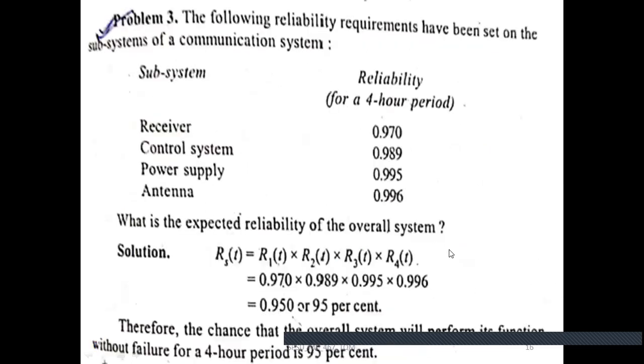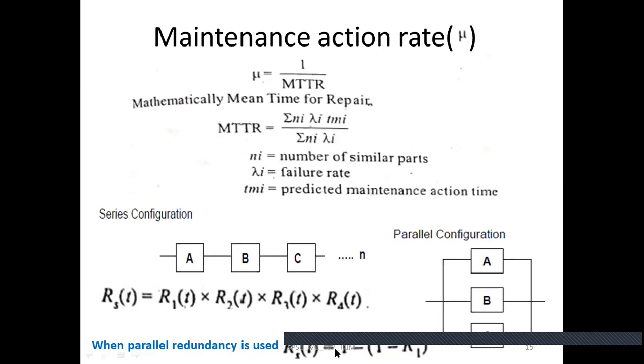And if the system is in parallel, then you can use the formula for the parallel redundancy: Rs(t) is equal to 1 minus (1 minus R1).